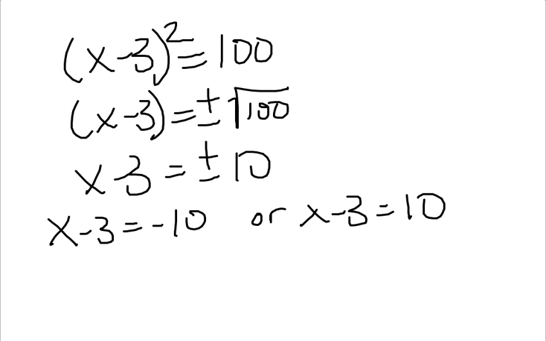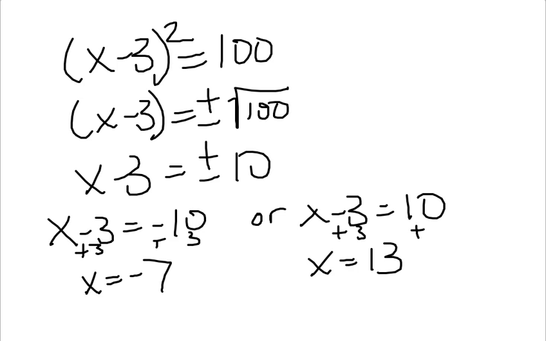Now I'm going to solve each one for x, and I will get x equals negative 7 or x equals positive 13, because I add 3 to both sides. So this solution set is negative 7 or 13. So you just square root both sides.